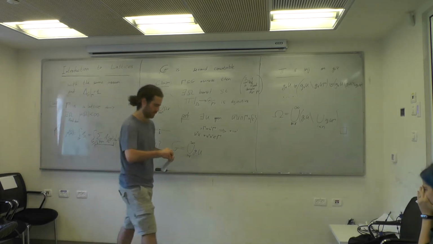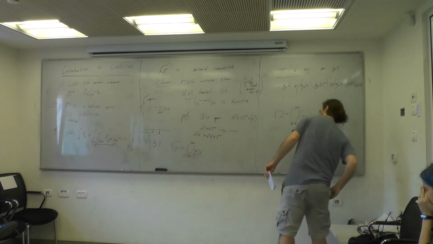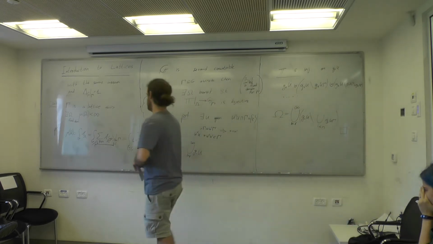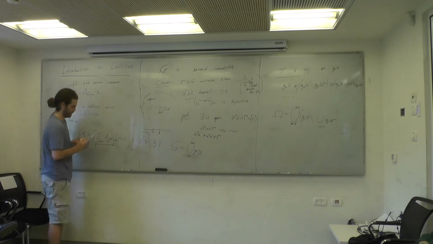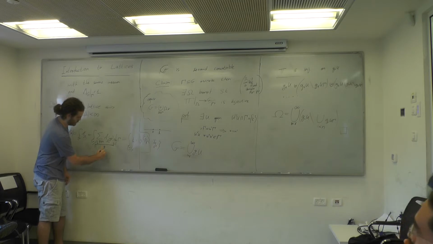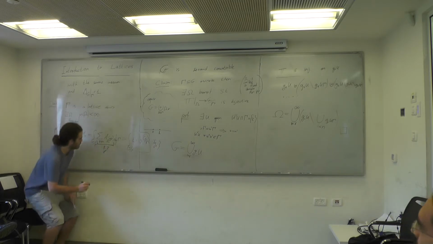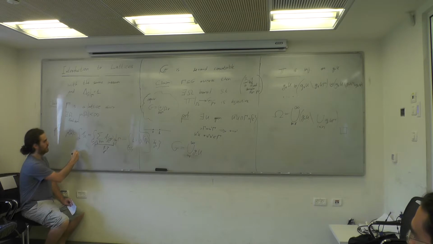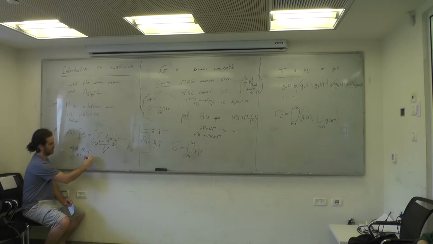Let's also switch. So take an element in G. So we say that this is equal to 1. Why is that? So for all g in G, there is some gamma in Gamma, uniquely, such that g gamma is in omega.